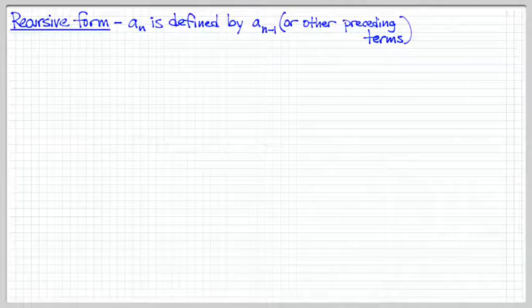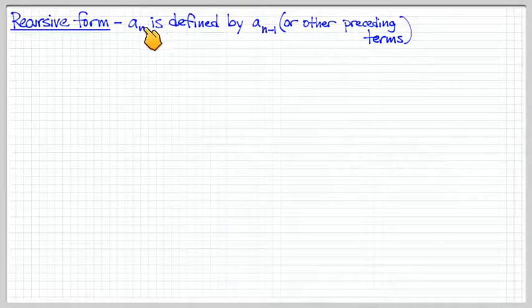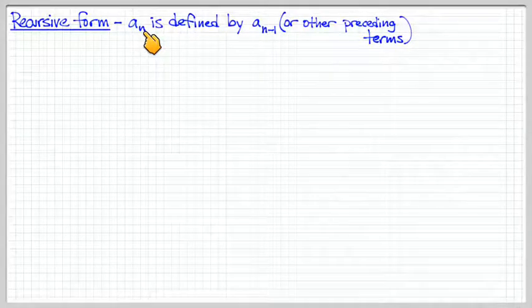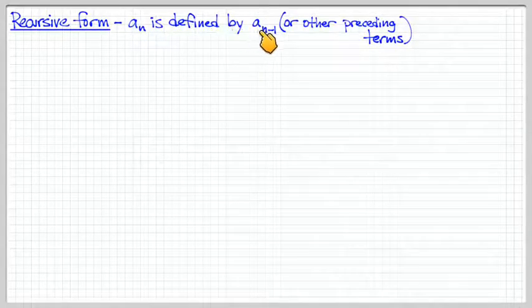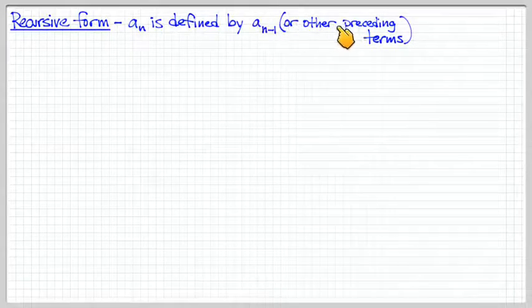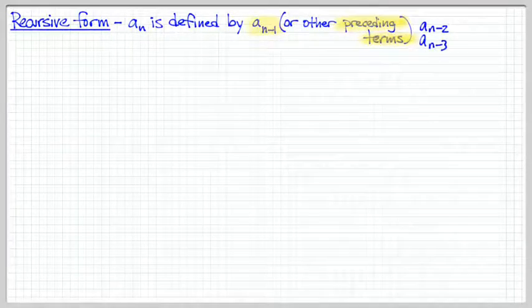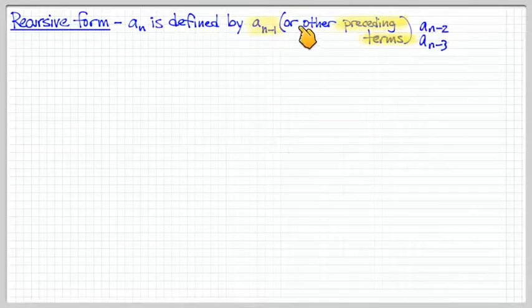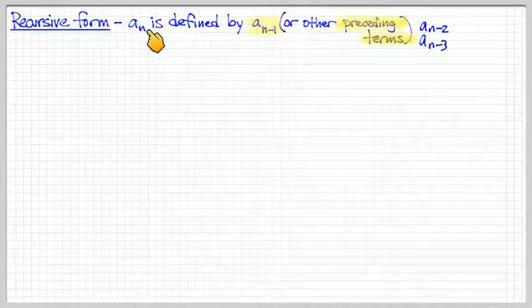recursive form. In recursive form, an, the nth term, is defined by the n minus 1 term, or even beyond that, any other preceding term. So, the n here stands for the nth term.